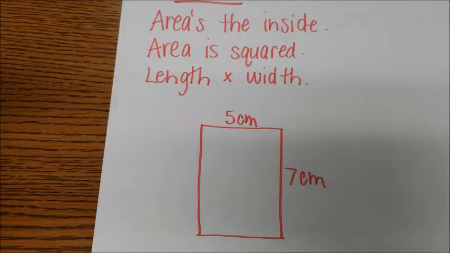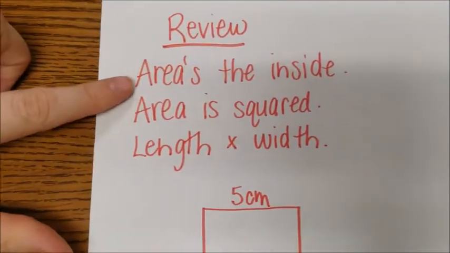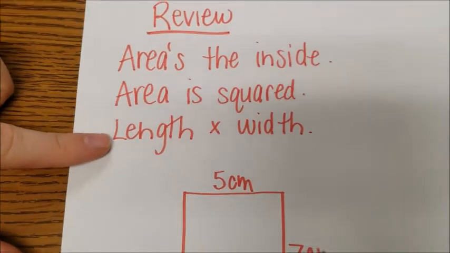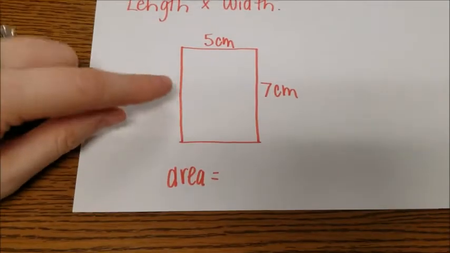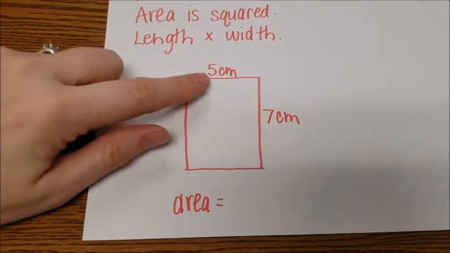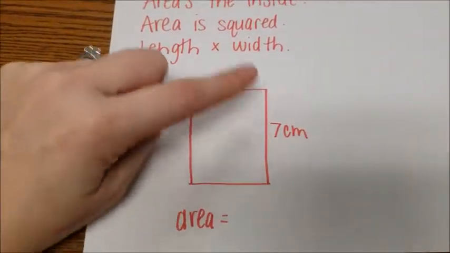So I'm going to do a really quick review of just plain old area before we start area of combined rectangles and squares. So area is the inside. Area is squared. Length times width. So if I was figuring out the area of this rectangle, I'm going to take the length of it times how wide it is, 7 centimeters.